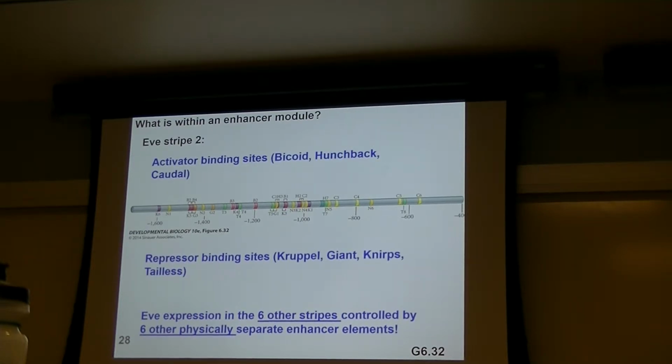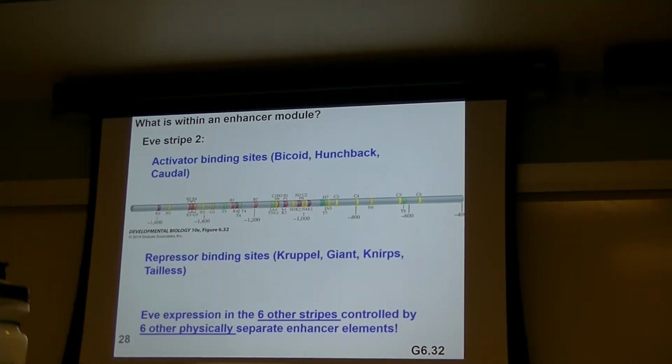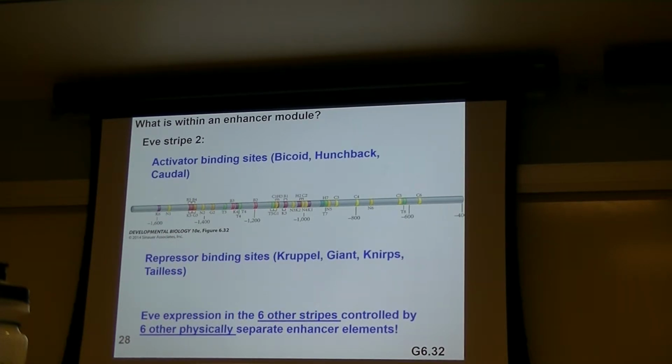We have both enhancers and repressors all kind of in there tweaking the thing so it's going to be expressed at exactly the right level, the right time. Remember, timing is important in development, and the right space. So the amount, the time, and the space are all features of to what degree this gene is quote-unquote turned on.